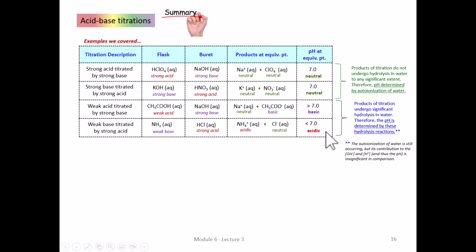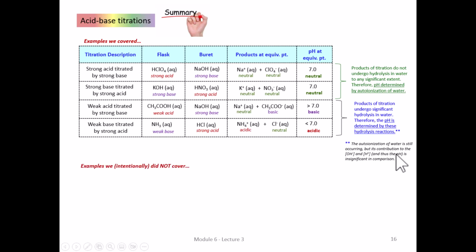Now we should keep in mind that even in these last 2 cases where the pH is greater or less than 7 at the equivalence point, the autoionization of water is still occurring, but its contribution to the hydroxide and hydrogen ion concentration, and thus the pH, is insignificant in comparison, at least in most of the cases we'll look at.